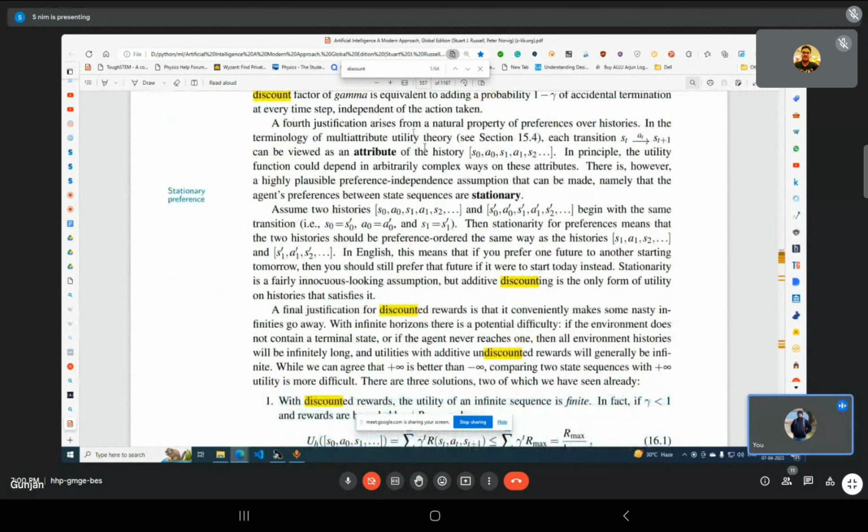With infinite horizons, if the environment does not contain a terminal state, all environment histories will be infinitely long, and utilities with additive undiscounted rewards will generally be infinite. So in English, it means that... Now, can you search?